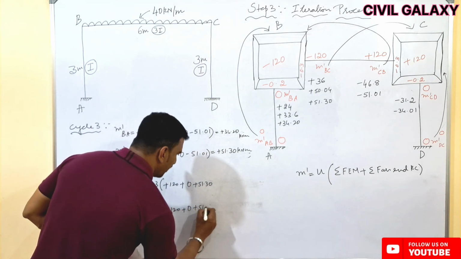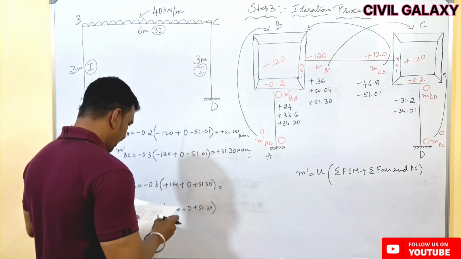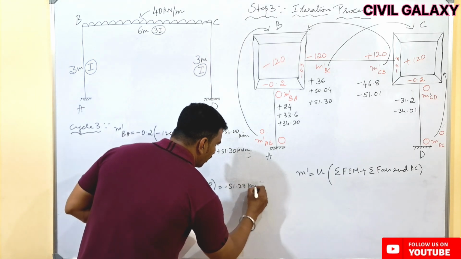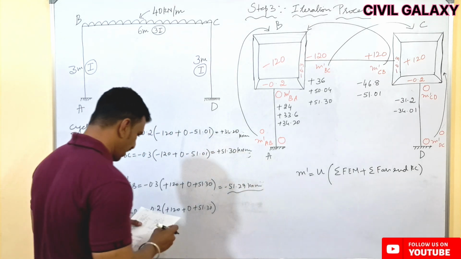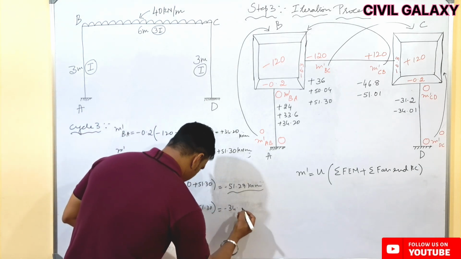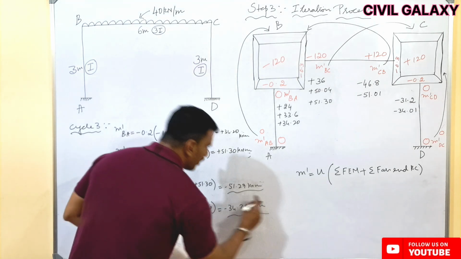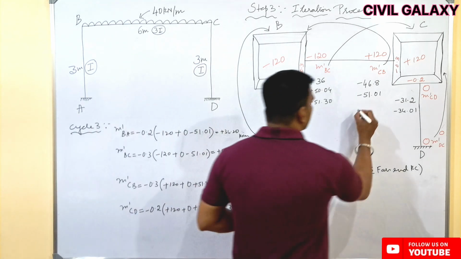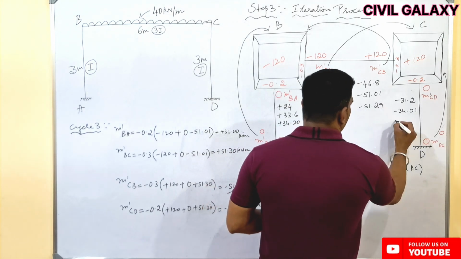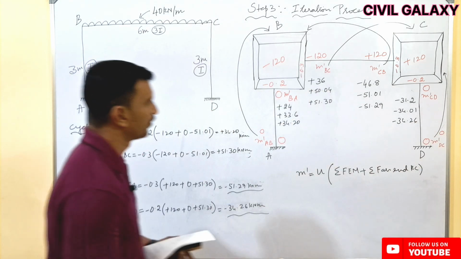Here it is plus 51.30, which gives a value of minus 51.29 kilonewton meters, and here we have a value of minus 34.26 kilonewton meters. So this value will be written over here, which is minus 51.29. Here it is minus 34.26.